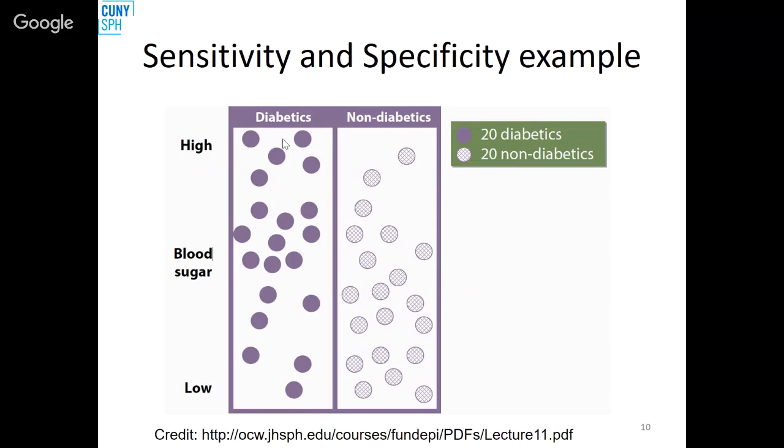So even among the population of people without diabetes, there's quite a range of the amount of glucose in your blood after fasting.